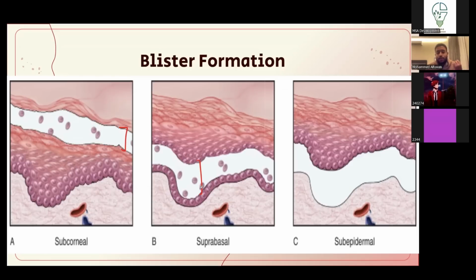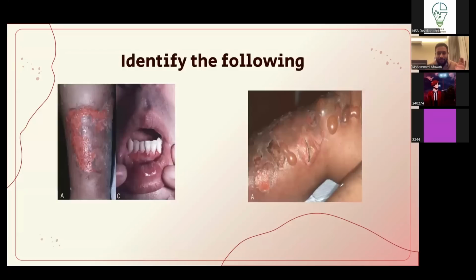Foliaceus. What is associated with suprabasilar? Vulgaris. Good. Now, what if you have complete separation of the epidermis and dermis? This is pemphigoid, which is bullous pemphigoid. What's defective here, desmosomes or hemidesmosomes? Hemidesmosomes. Good.